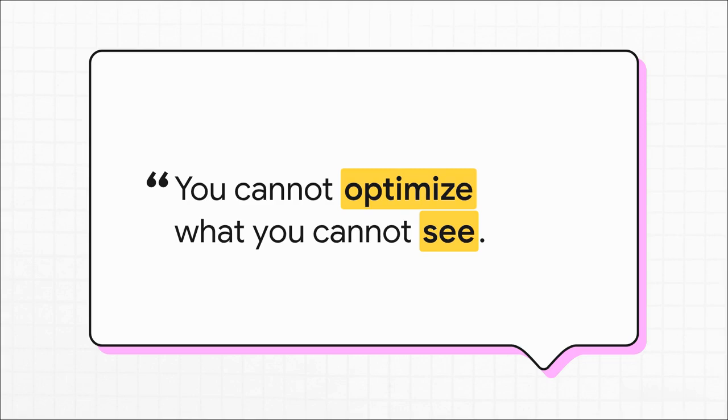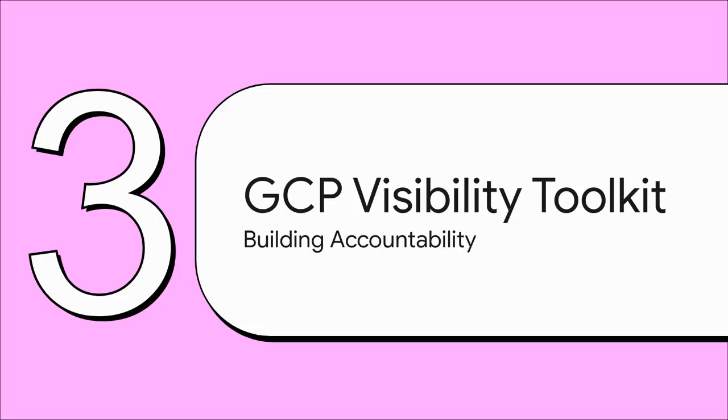Trying to cut costs without clear data is like stumbling around in a dark server room. You are way more likely to trip and unplug something critical than you are to find any real savings. Now, the great news is that GCP gives us this really powerful built-in toolkit to basically flip the lights on. So let's open it up and see exactly how we can build this accountability framework from the ground up.